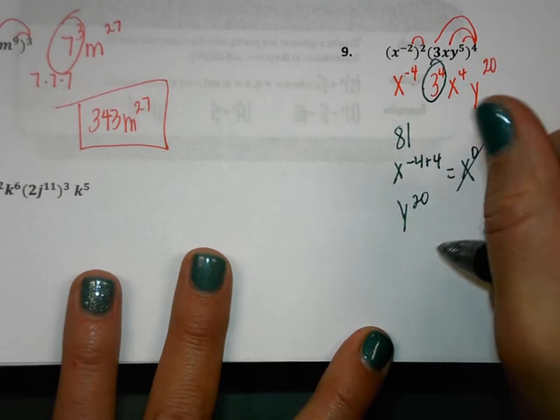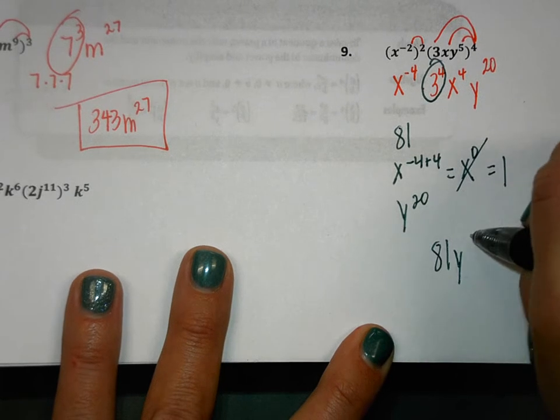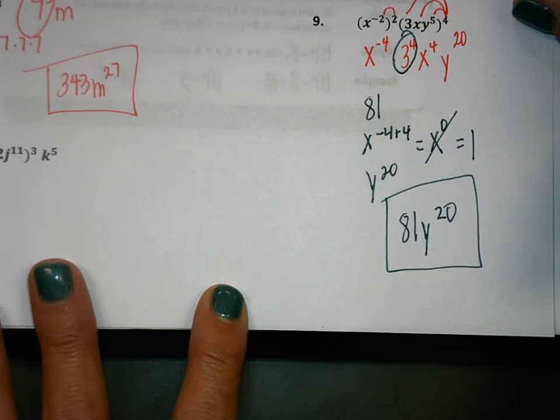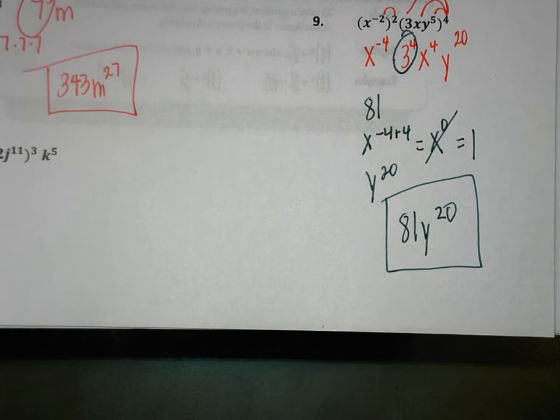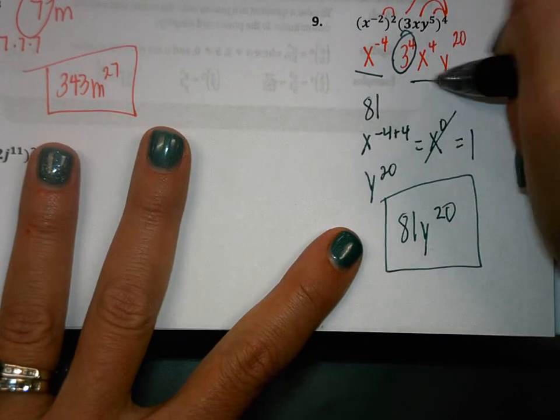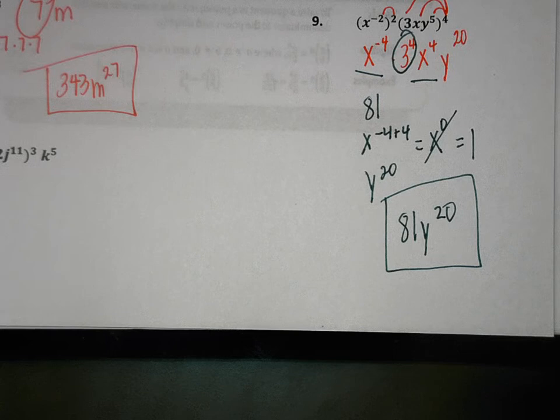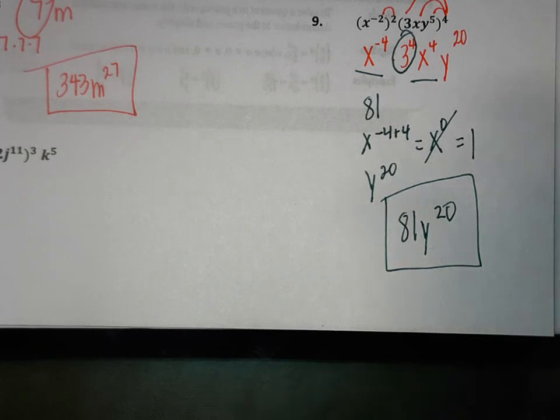And so my answer is 81 y to the 20th. Okay, so these ended up making an x to the 0, which just cancels out. Okay? Is anybody confused by a part of this? We're good? Okay, so let's go to number 10.